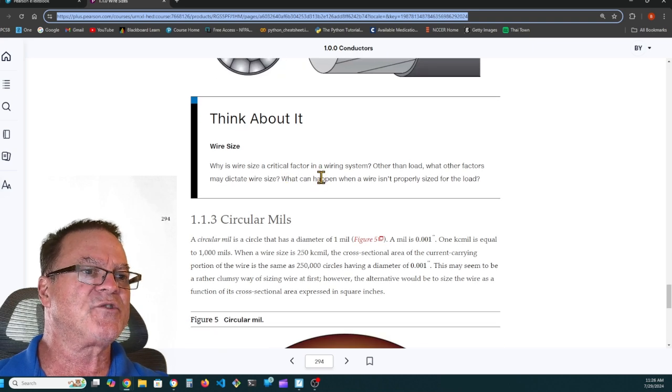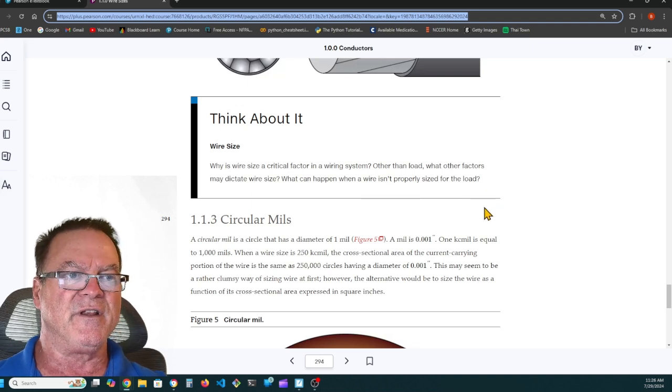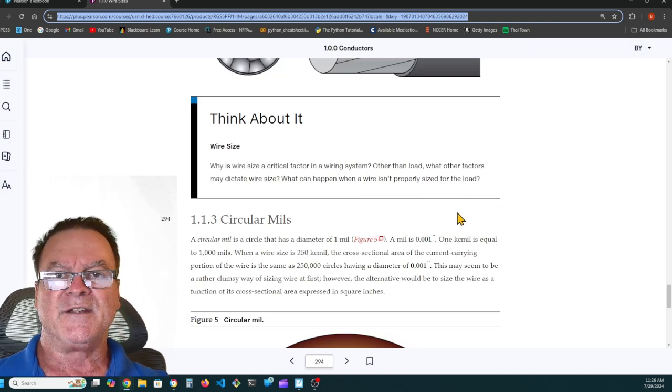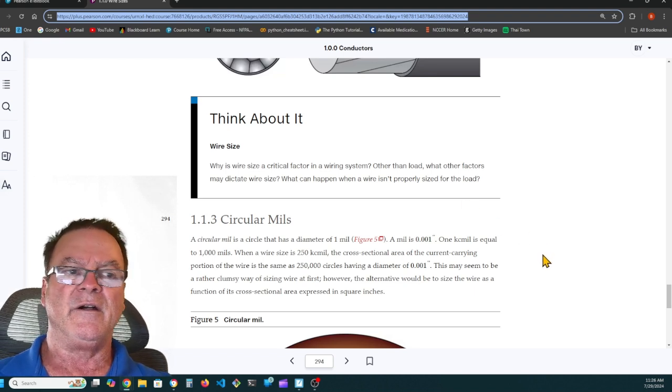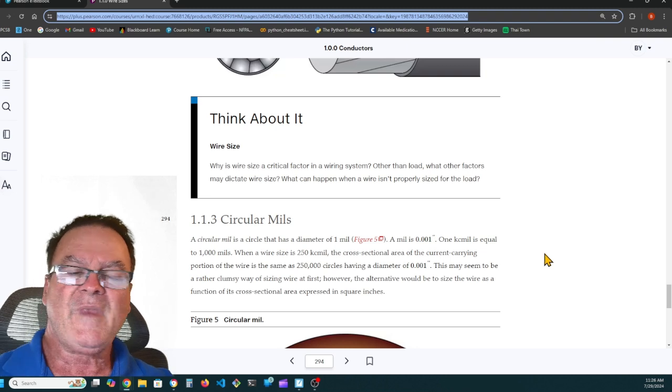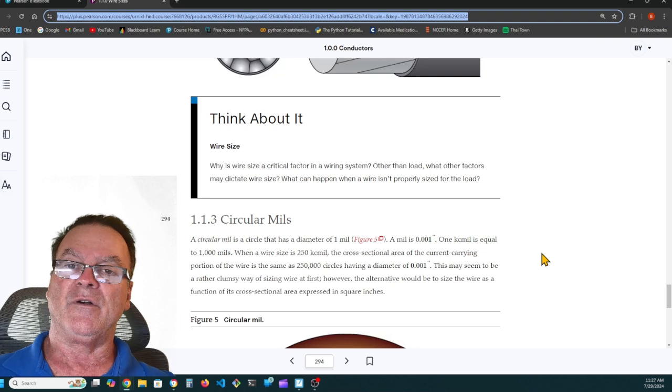Why is wire size a critical factor in a wiring system? Other than load, what other factors may dictate the wire size? What can happen when the wire isn't properly sized for the load? Well, it's all about cooling. It's all about making sure that the wire can dissipate the heat created by the flow of current.